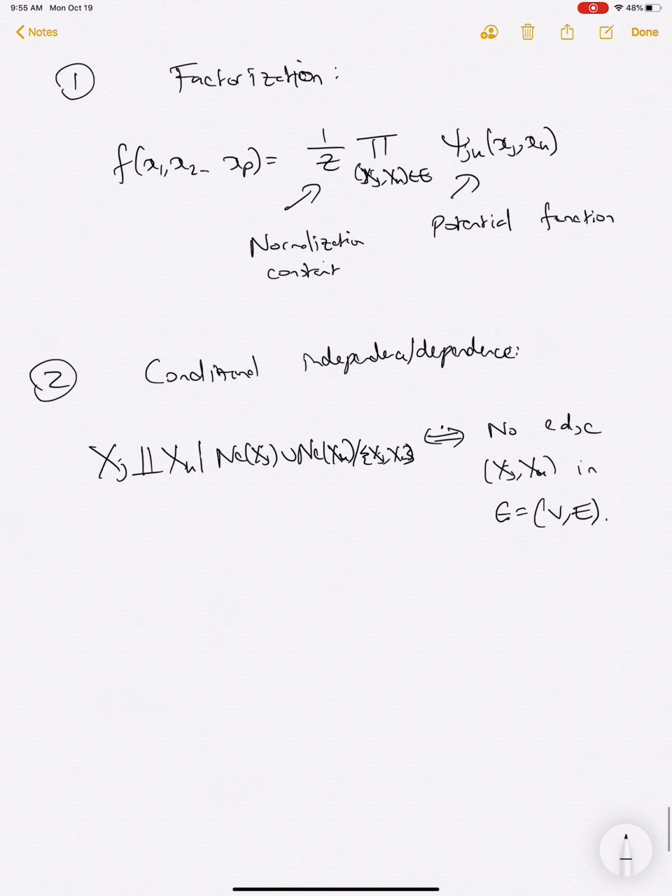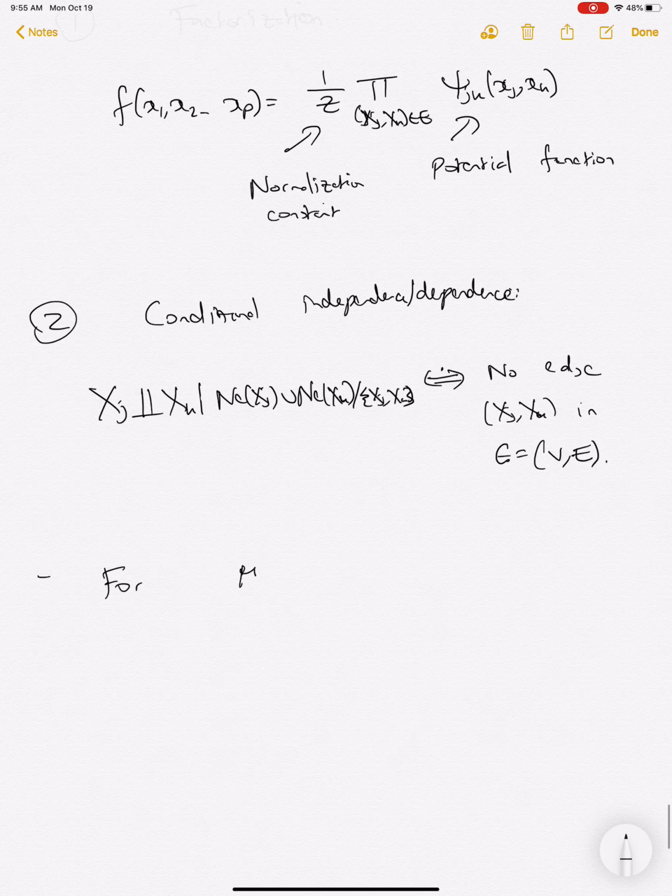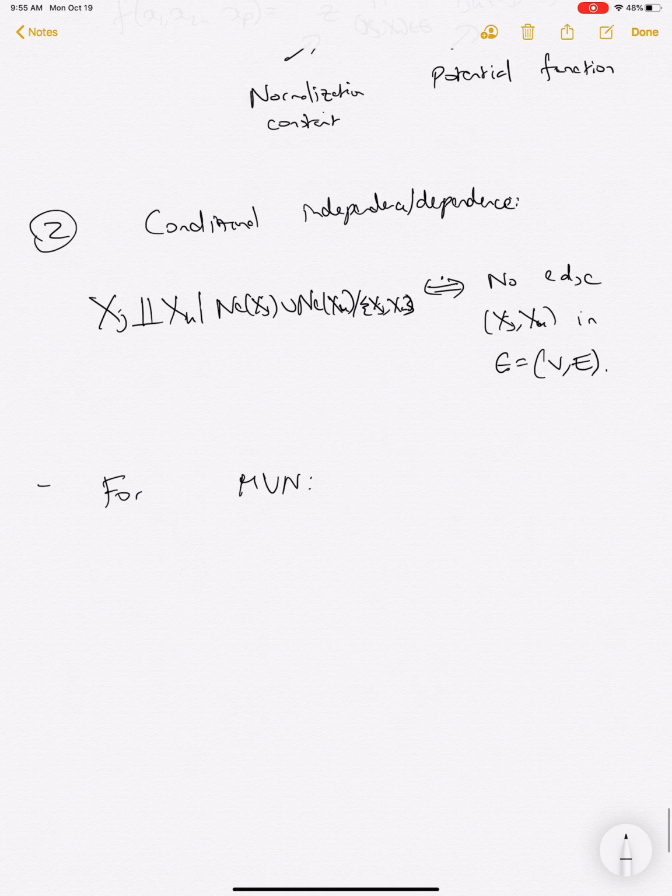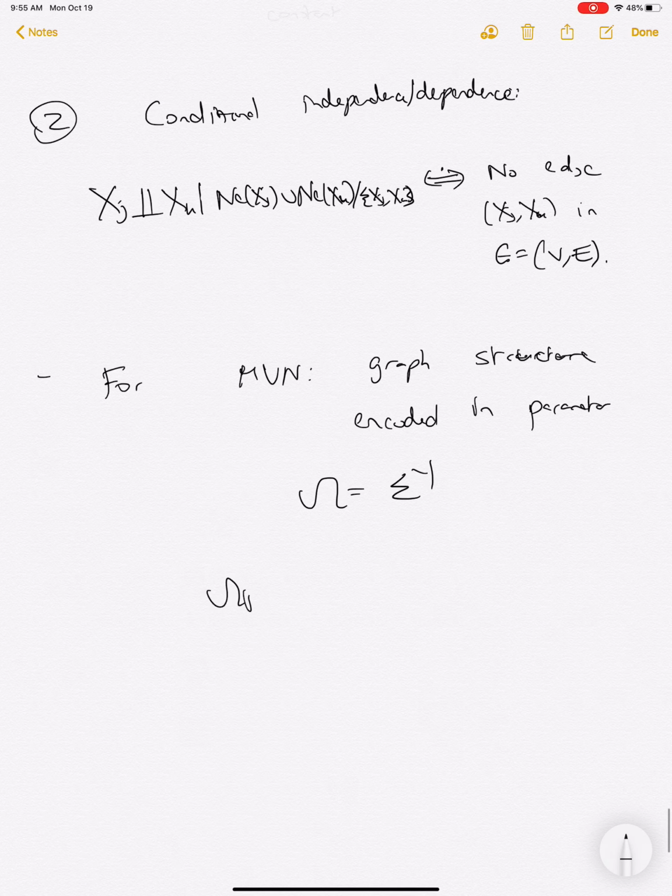And then the last thing I wanted to point out as the third main takeaway today is that for the multivariate normal, the graph structure is encoded in the parameter omega, which is sigma inverse, i.e., omega jk is equal to 0 if and only if there is no edge between xj and xk in G. Okay.